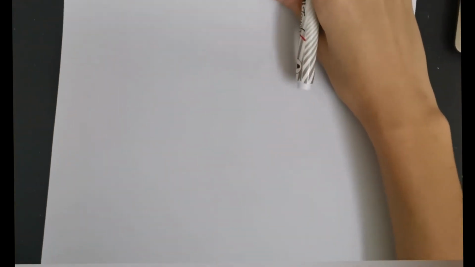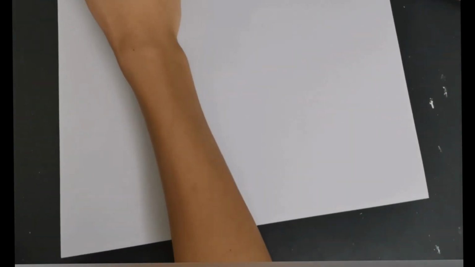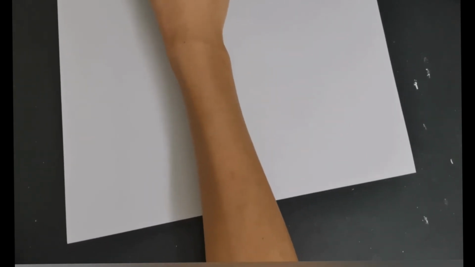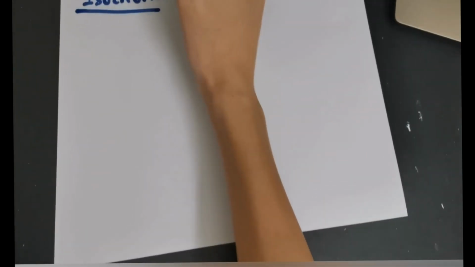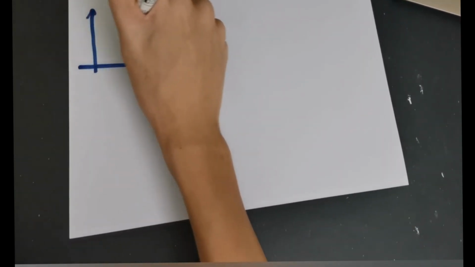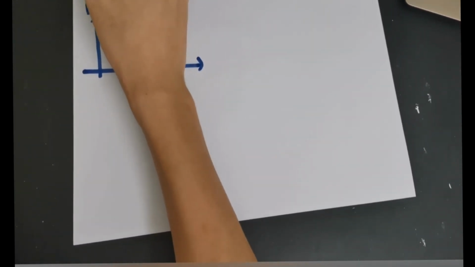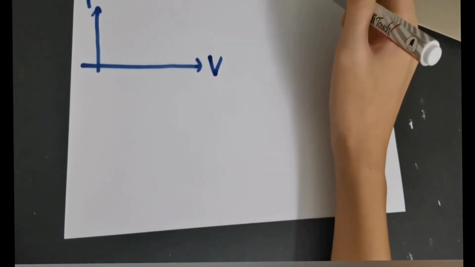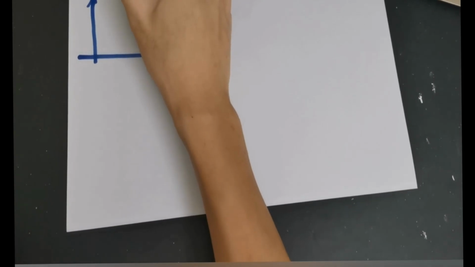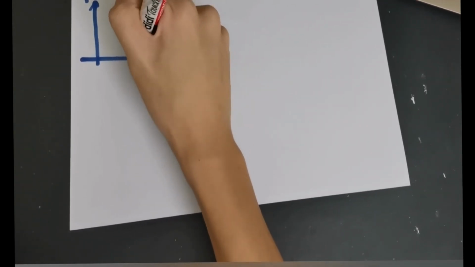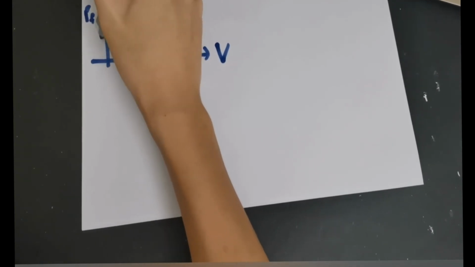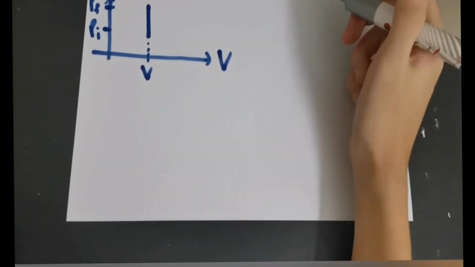Now we're talking about the second one, isovolumetric or isochoric. Everything starts by drawing the PV graph. Isochoric, remember, since it's constant volume, is just a straight line. Just one V only, and P final, P initial.